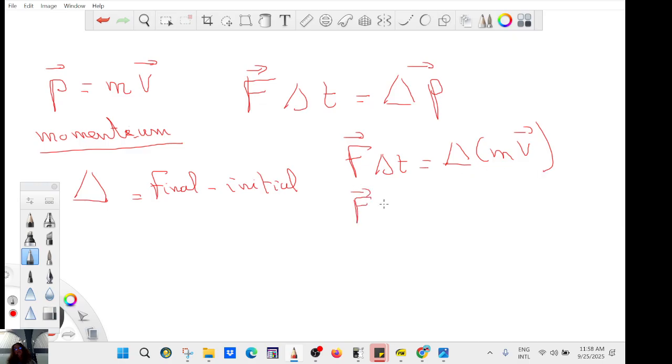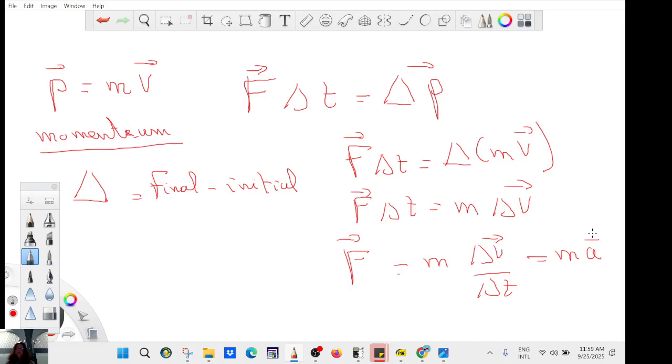So I can take the mass out here: m delta V. So force equals m delta V over delta T. And what is delta V over delta T? Acceleration, very good. F equals ma. That's how you learn.